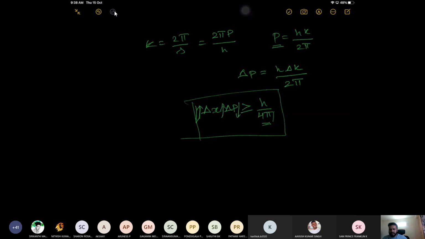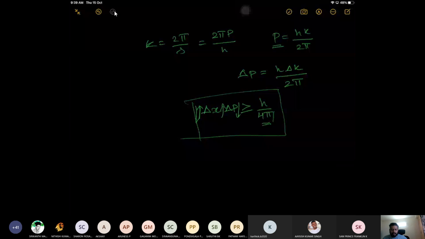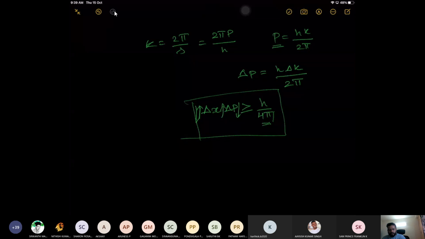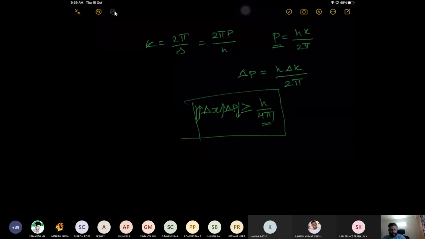So the same uncertainty we have explained in terms of a mathematical relation. Here I can maybe read it out. This equation states that the product of the uncertainty delta x in the position of an object at an instant, and the uncertainty delta p in the momentum component at the same instant, is equal to or greater than h by 4 pi.